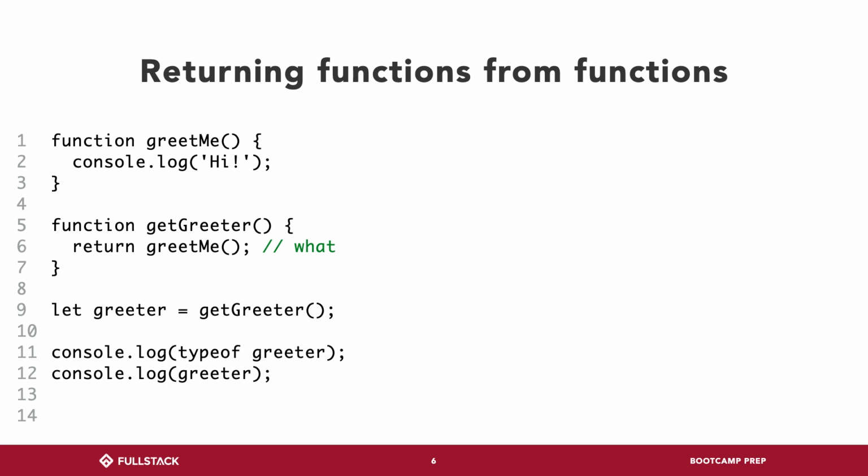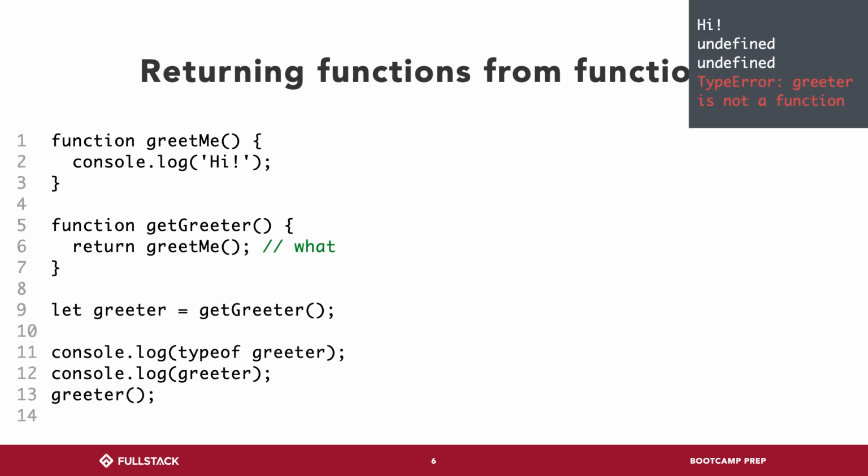So what happens if we invoke greetMe? We get all that nonsense that I showed you in the replica. Since you're setting greeter equal to getGreeter invoked, this needs to have a value. getGreeter returns greetMe invoked.